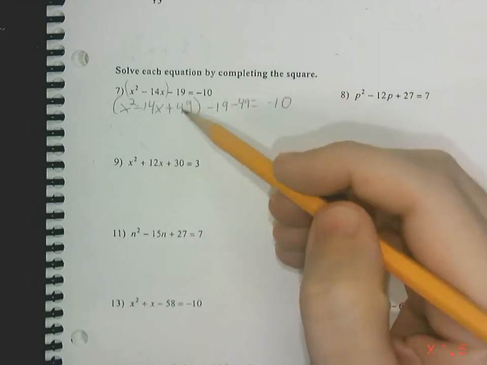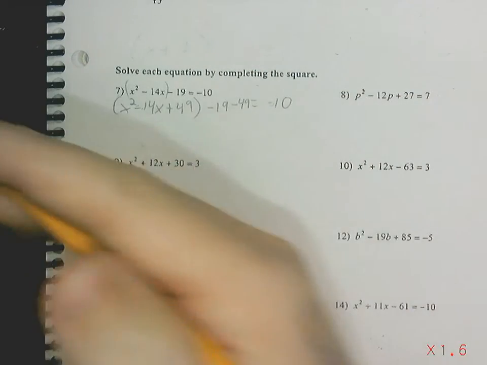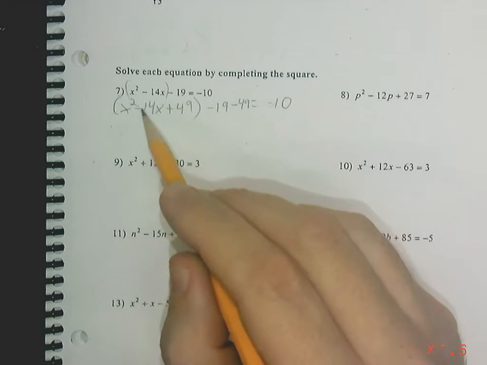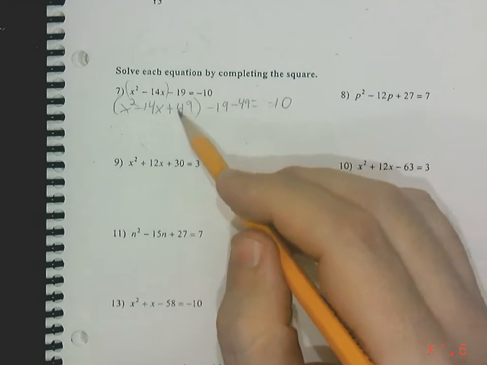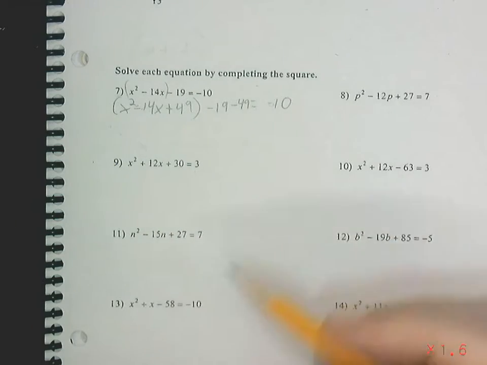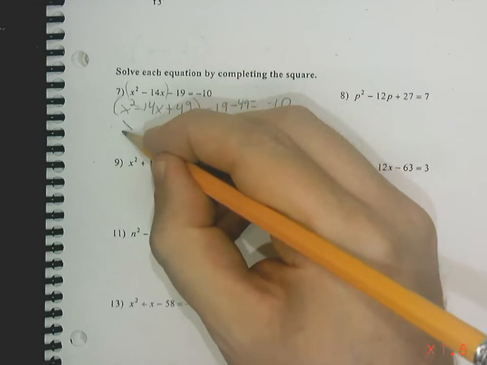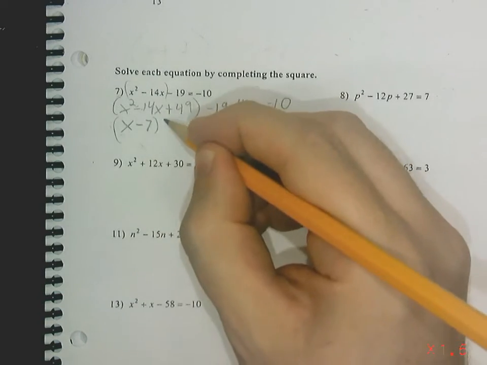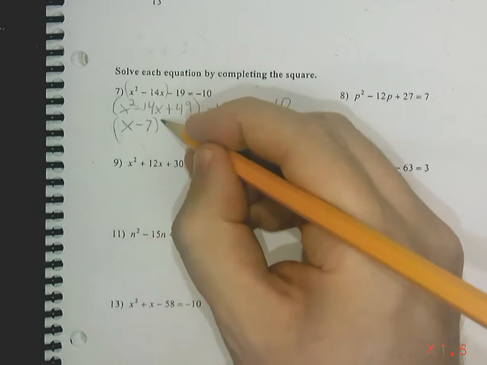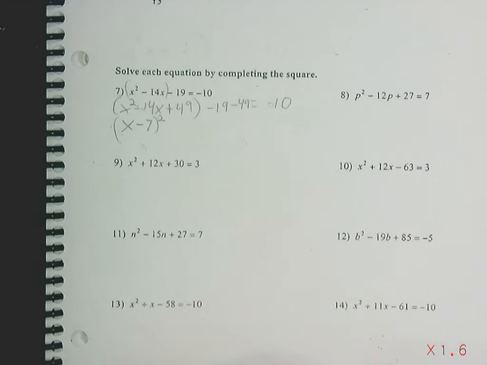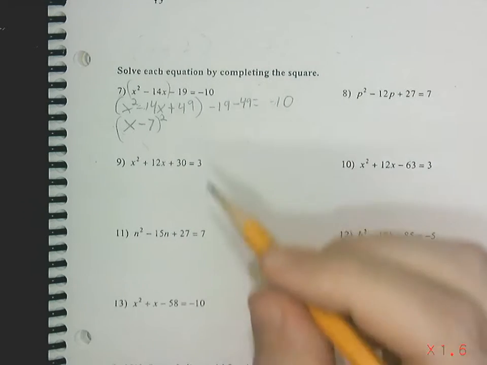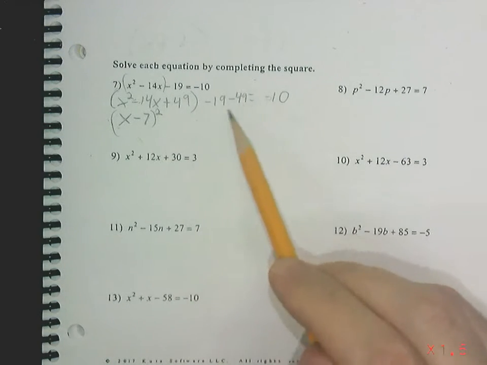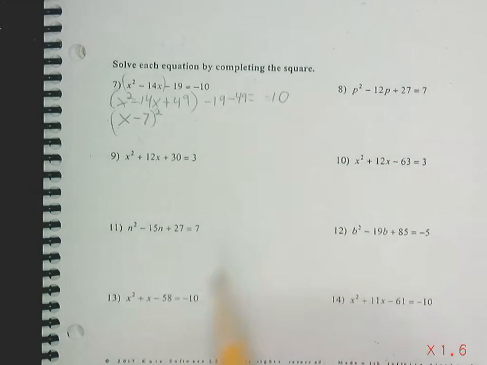But this right here can then be broken down into a perfect square, one of our special cases. When you have double the middle and you have the perfect square on both sides, you can rewrite that as x minus 7 being multiplied by itself twice, which is the same thing as writing x minus 7 squared. Now I'm going to combine these two terms out here, negative 19 and negative 49.